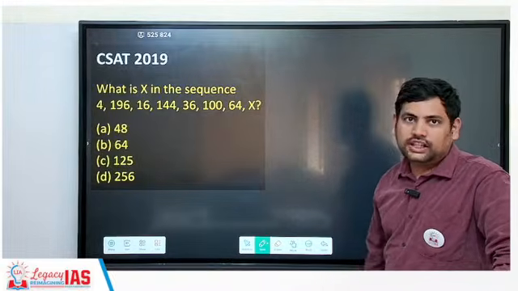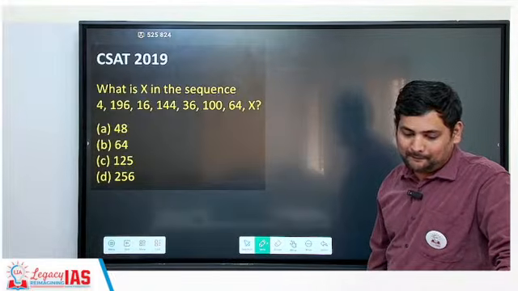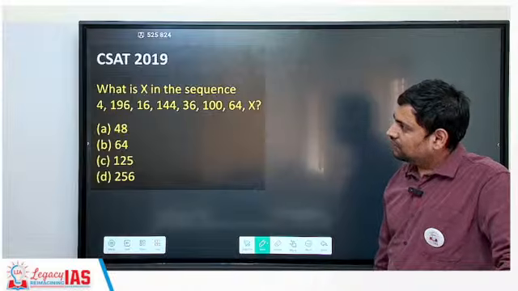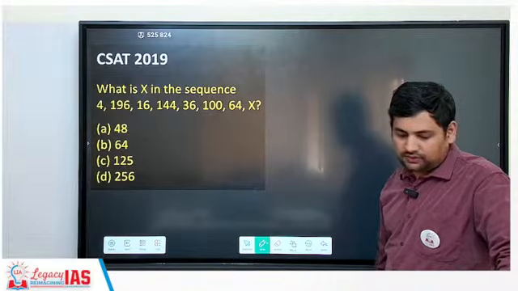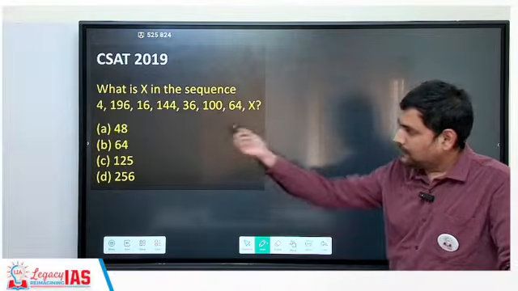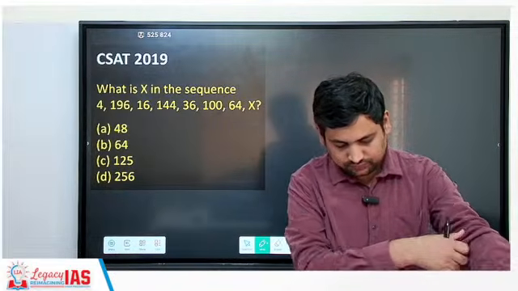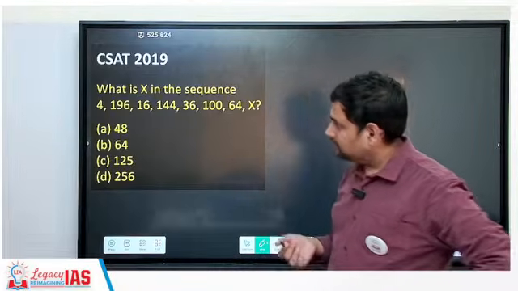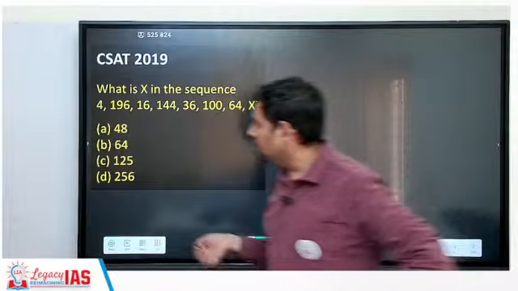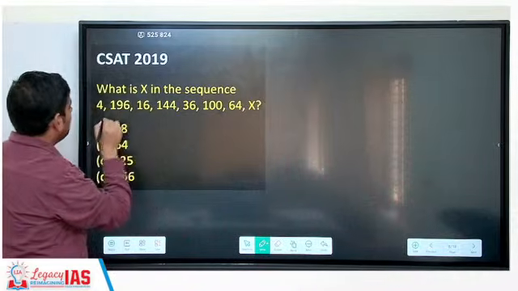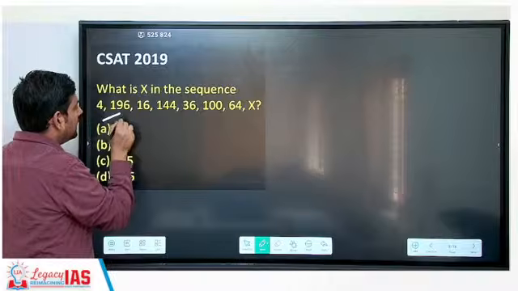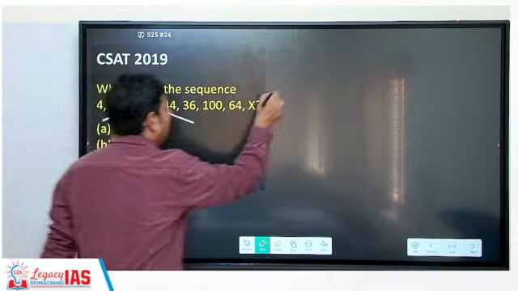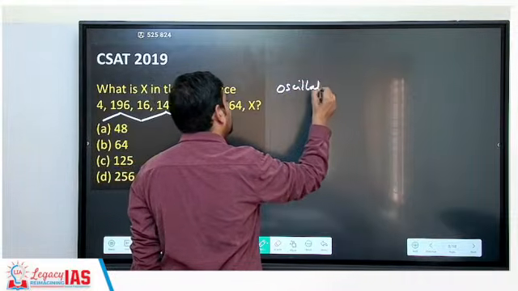Increasing, decreasing, or oscillating? 4, 196, 16, 144, like this. Now, if you look at the series, 4, then after 4, this is increasing, correct? 196, then 16 decreasing, then 144 increasing, then 36 decreasing. Very clearly, this is an oscillating series.